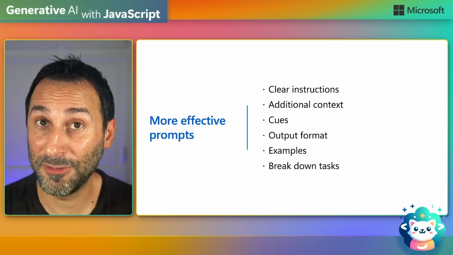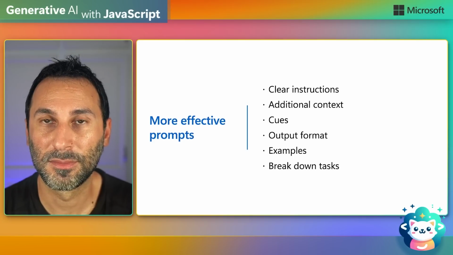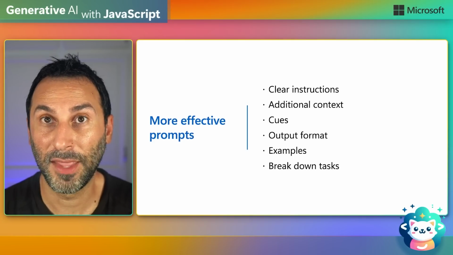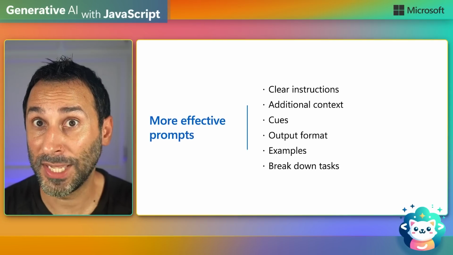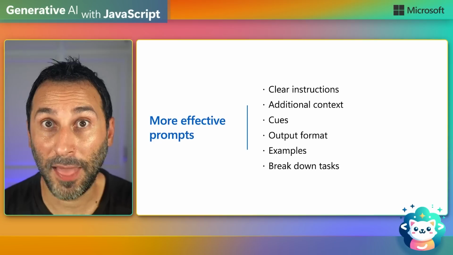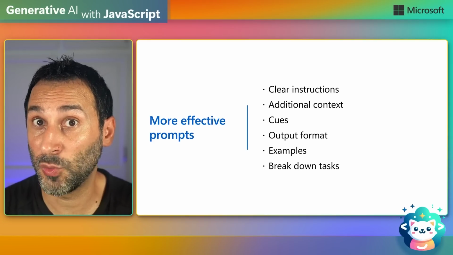Can also define the output format explicitly if you have special needs. Sometimes using examples is the best way to get the result that you want. And if you have complex tasks, you can ask explicitly to break it down step by step. And note that you don't need to use all of these all the time, only use what makes sense for your use case.